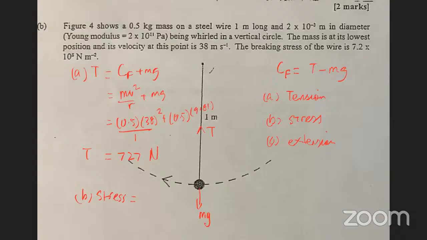Right, so stress is force over area. The force in this case is tension, and the area is pi r squared. What did they give you there? Diameter, right? So don't forget to divide by 2. It's already in meters.